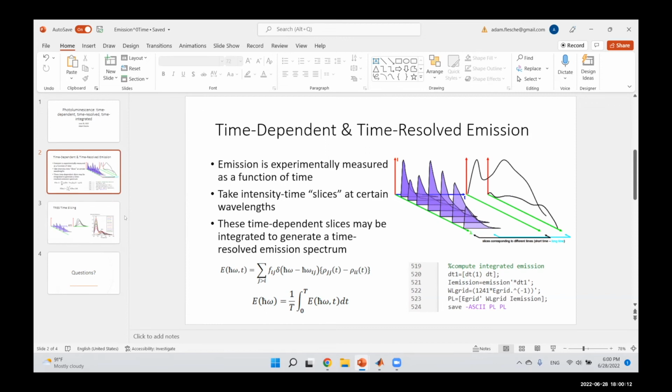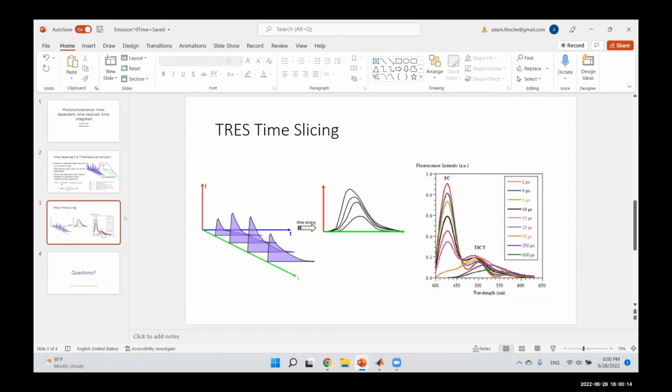It's nothing we haven't already talked about, but while I was doing research, I also found this time slicing that they do. They basically overlay these emission spectra over one another at different times, and they plot another figure from this, showing how the intensity changes over time.